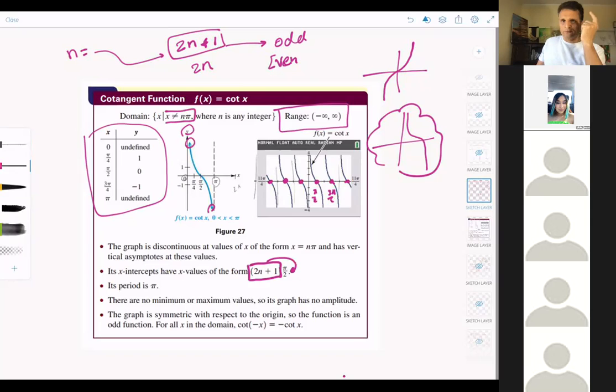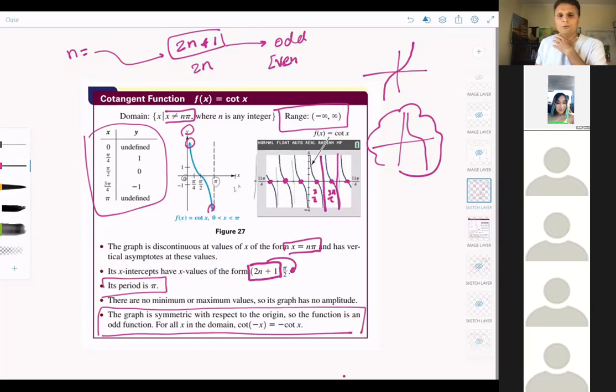So n is 0, 1, 2, 3, 4. And cotangent is an odd function as well. The period is pi. The graph is discontinuous at x equals n pi, at any multiple of pi.